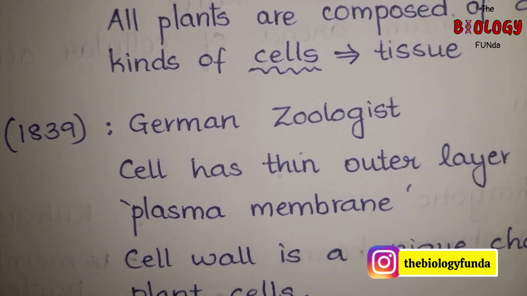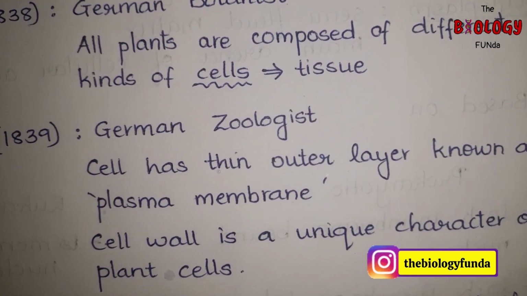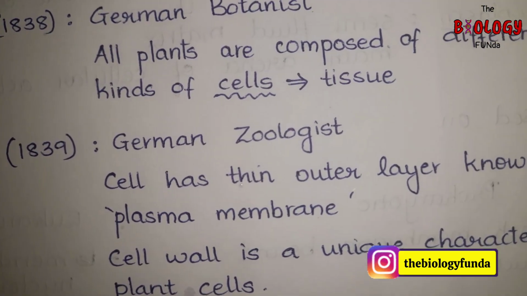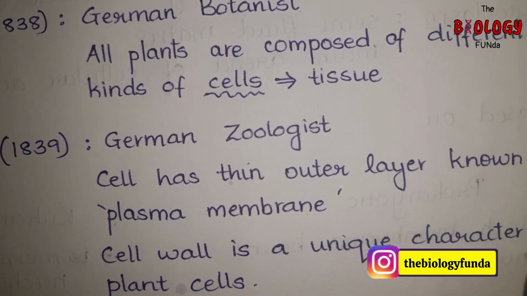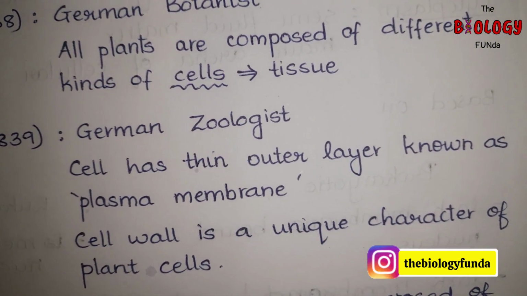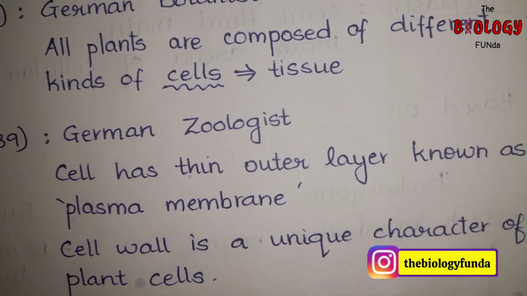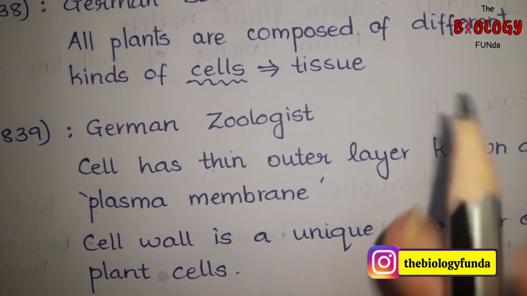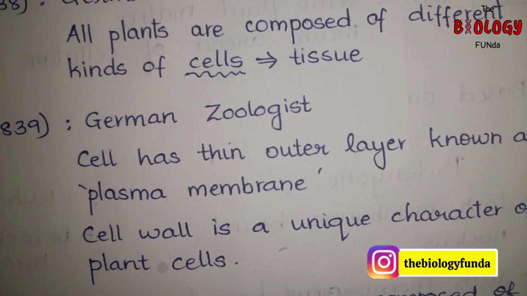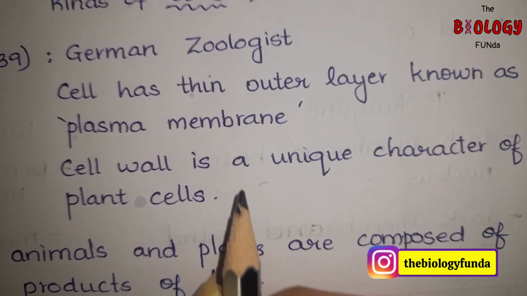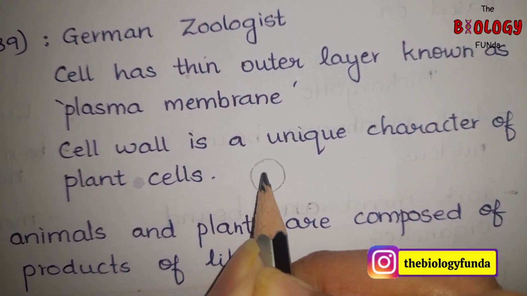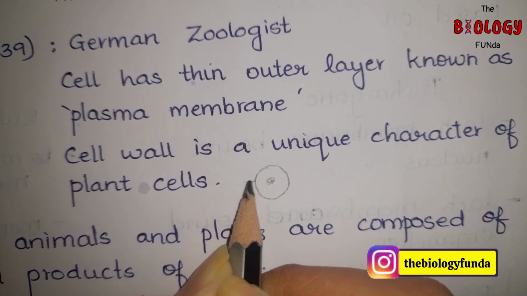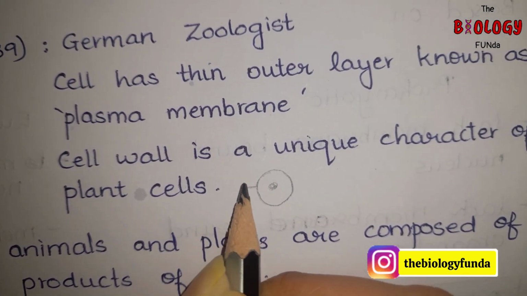When he studied the animal cell, he came to know that the animal cell has a thin outer layer which is known as plasma membrane. His first conclusion was that animals are also made up of cells, and he found there is an outer layer known as plasma membrane.